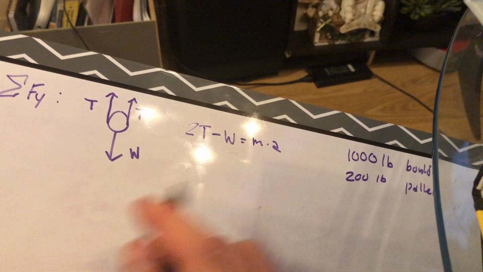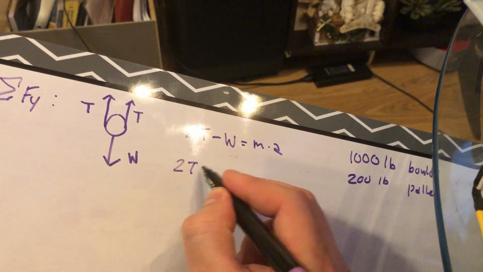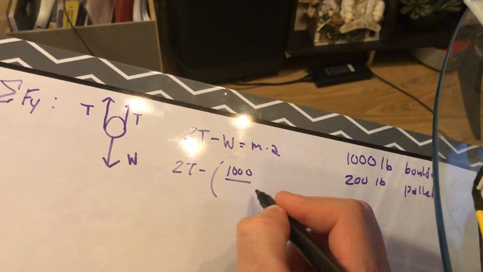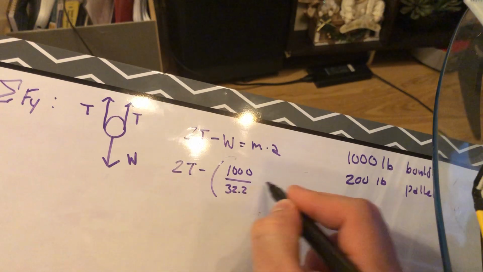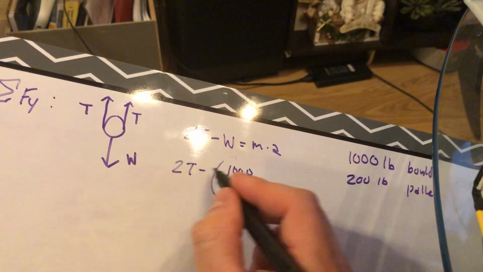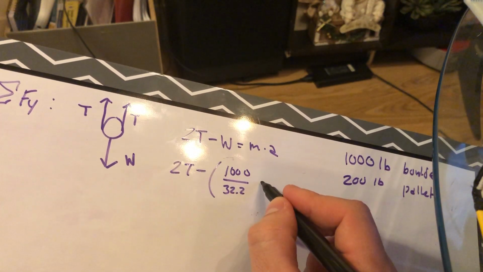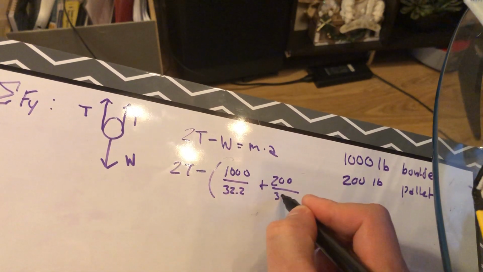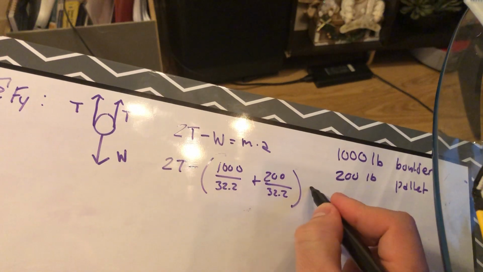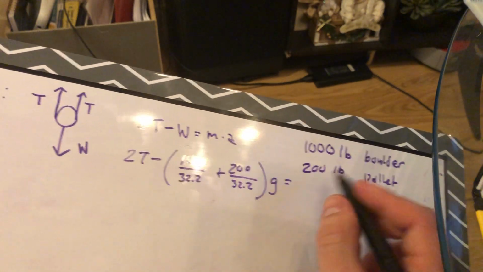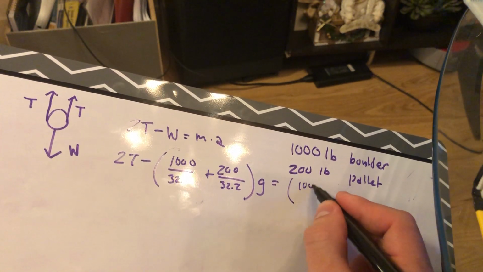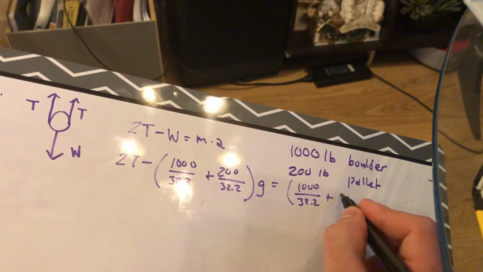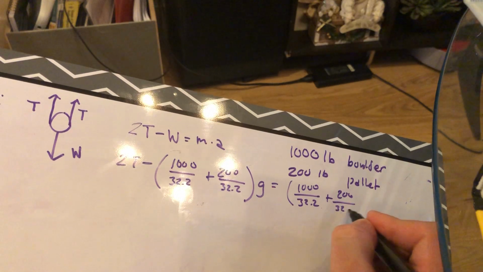So we can further simplify this to be 2T minus 1,000 divided by 32.2 plus 200 times 32.2 times g is going to equal 1,000 times 32.2 plus 200 divided by 30.